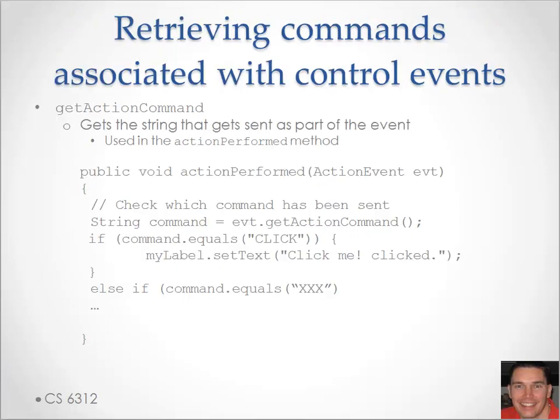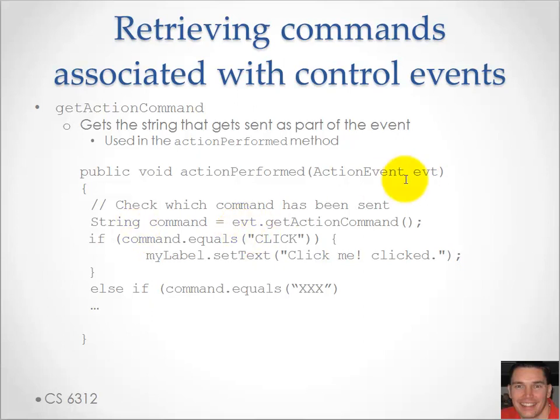So if I come here now in my action performed, let's say I have two different buttons on there. Each one I've added the current class as the action listener. So the action performed method is going to get invoked by both of my buttons. So if I use the set action command, in here, this particular event object is going to have some information about the object that fired the event.